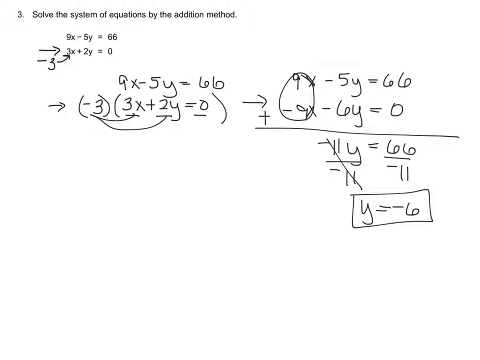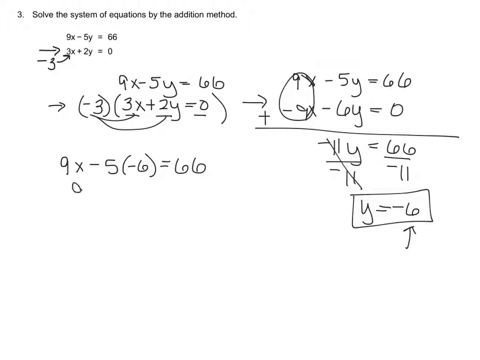Now I want to solve for x, so I'll take either equation and plug in the value for y and solve for x. So I'm going to take the top equation, which is 9x minus 5y, and instead of placing a y, I'm going to place the value for y, which is -6.